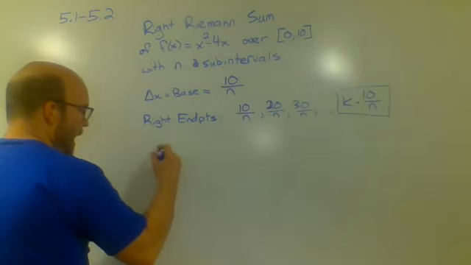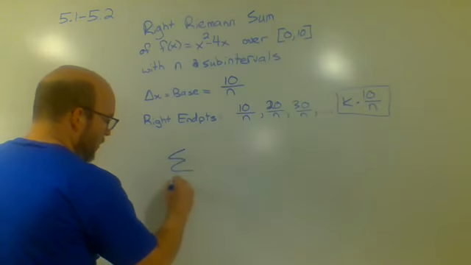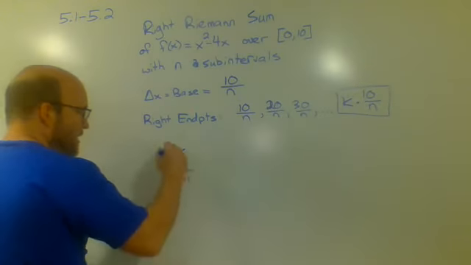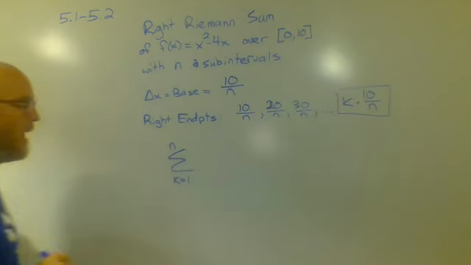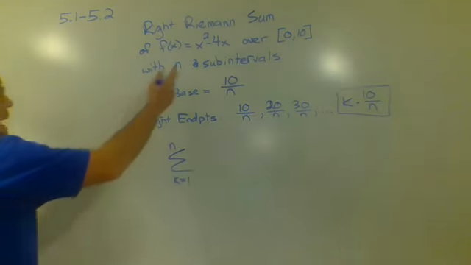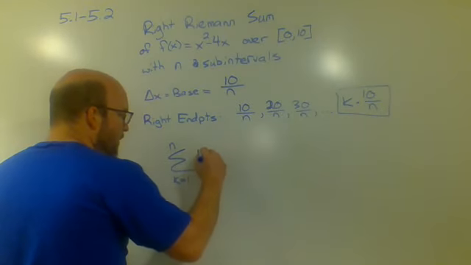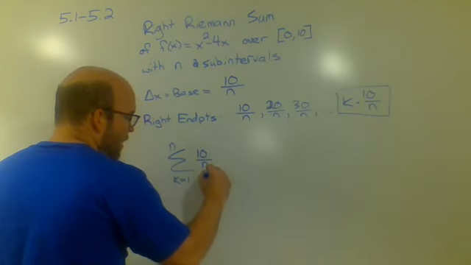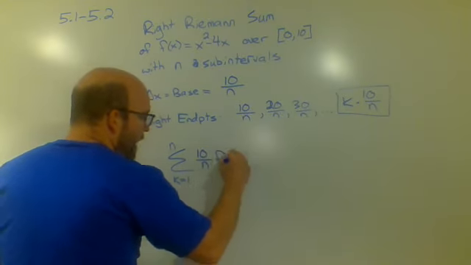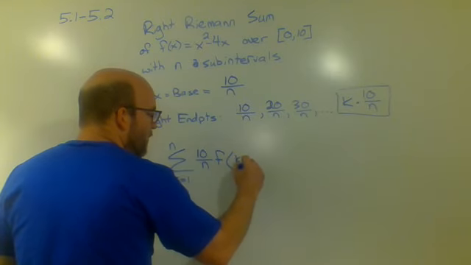So we're adding up all the areas. We're starting with the first rectangle. We don't know how many rectangles we're adding up, so again, that's the same n that we started with here. But each rectangle has a base of 10 over n and a height of f of k times 10 over n.